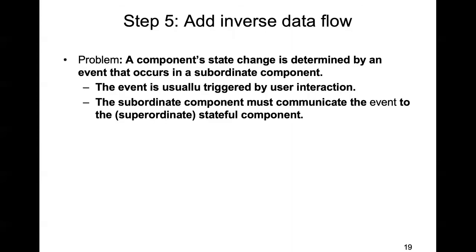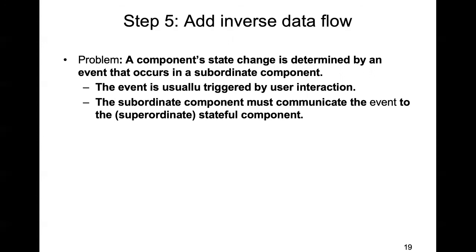And if you remember, this inverse data flow is all about where the current value of the state variable in a stateful component is actually determined by an event that occurs in a subordinate component.